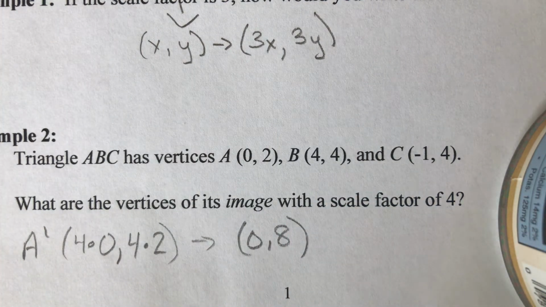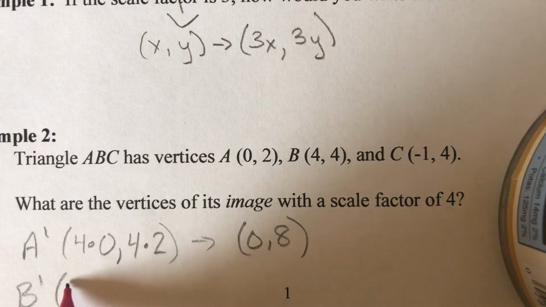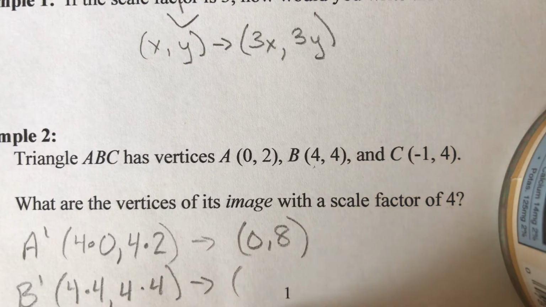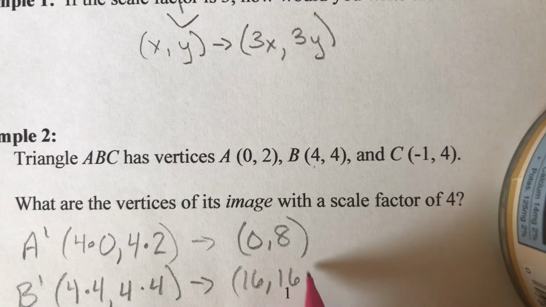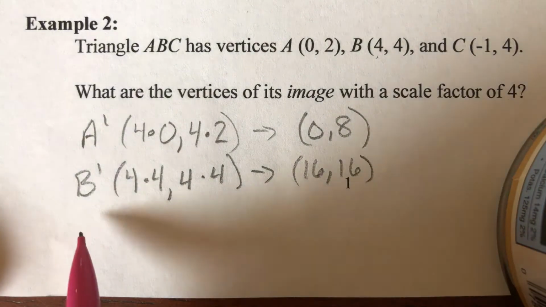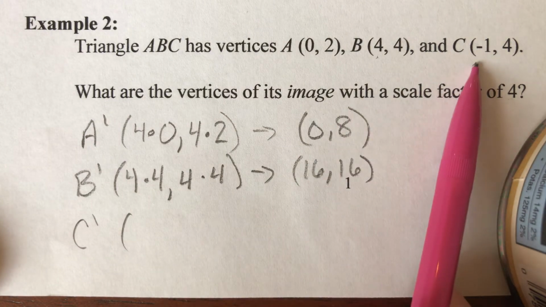So it's just multiplication. For B prime, you're going to have that same scale factor, 4 times 4 and 4 times 4 again. So our new coordinate is 16, 16. And then we have C prime: -1, 4.